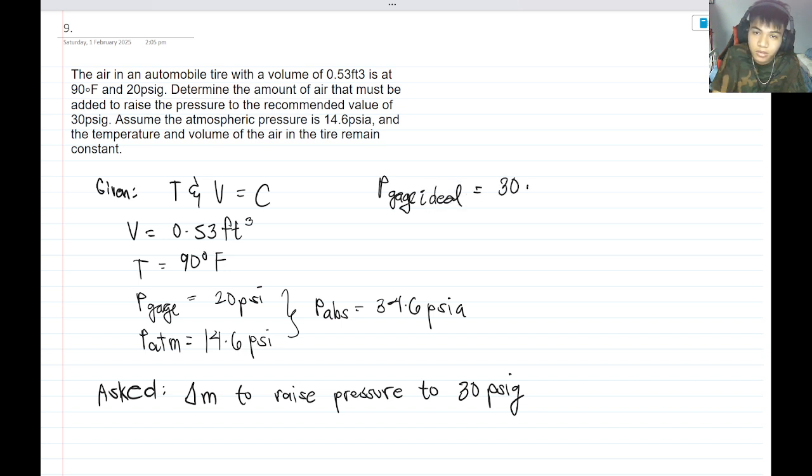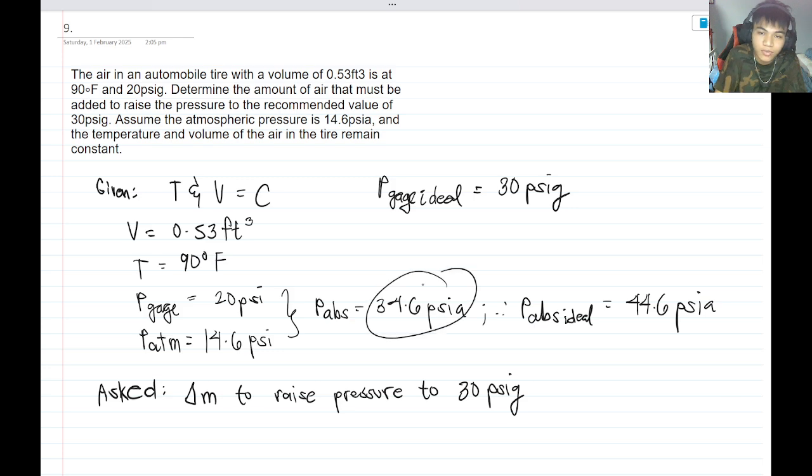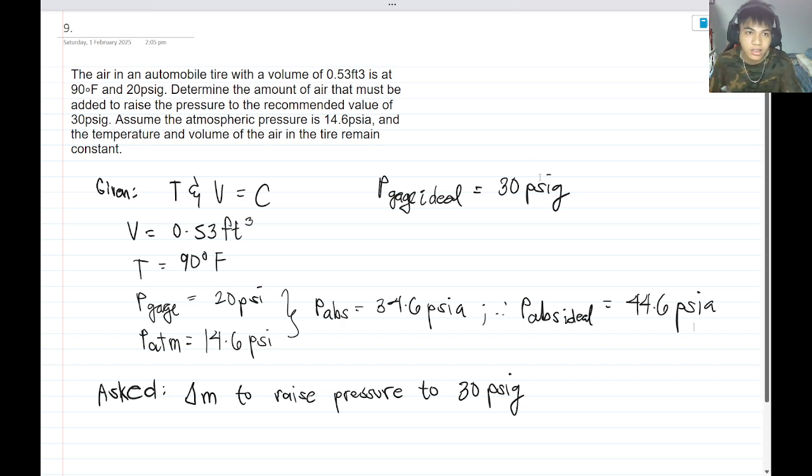That would be 30 psig. Therefore, our absolute ideal pressure would be 44.6 psia. This is what we will use, these two values here. Okay. Just clearing things out.